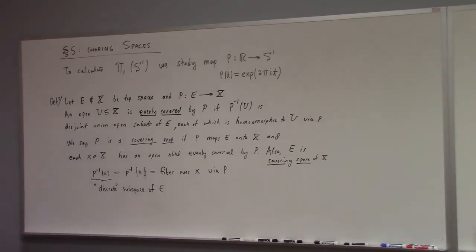Let's just leave that question open for a second here. And he says, according to the definition, each x in X has an open neighborhood U such that P inverse of U is homeomorphic to what? P inverse of x cross U.